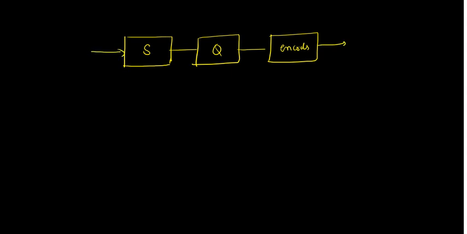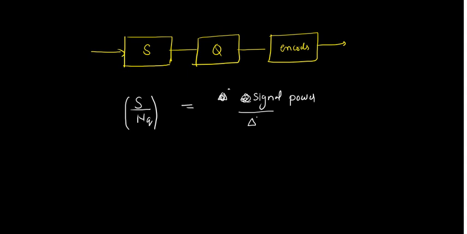So if you remember, the signal to quantization noise ratio of a PCM system is the average signal power divided by the noise power, that is del square by 12.